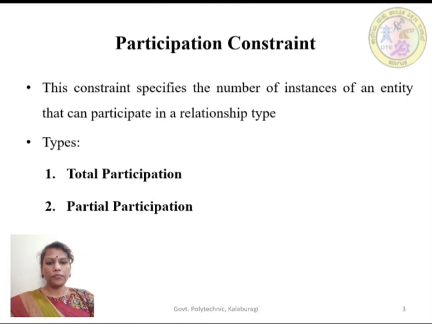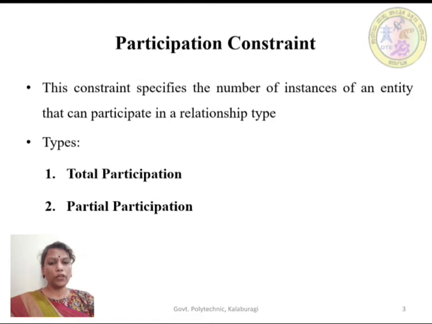So here, with a slight difference, we are talking about the participation constraints. This specifies the number of instances of an entity that can participate in a relationship. Don't get confused between the maximum number of instances and the number of instances.